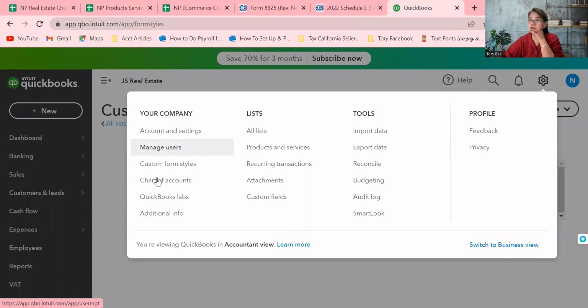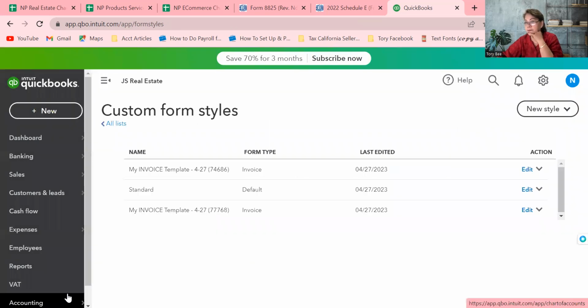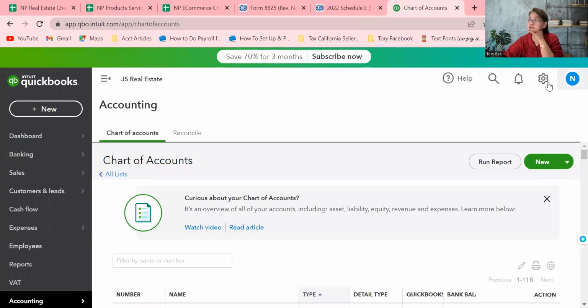Okay. Let's go to the chart of accounts. You can access the chart of accounts from this gear icon and the accounting here. Here, chart of accounts.